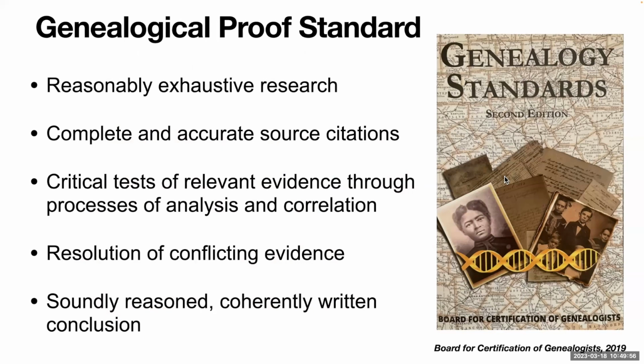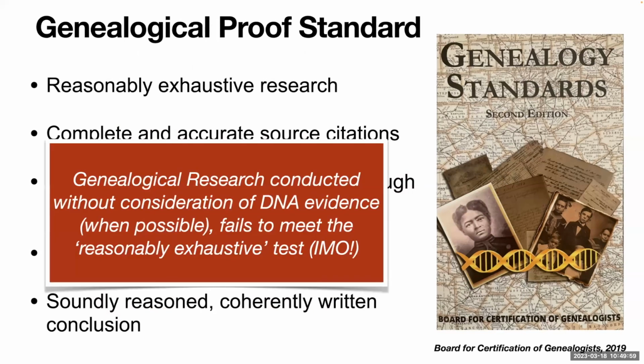In about 2019, they brought in some DNA evidence standards, and in my opinion, and in many people's opinion, the point about reasonably exhaustive research suggests that you can't actually meet that test if you haven't considered DNA evidence, if that's possible. Obviously, in some cases, there are no testers, etc. But in most cases, you can actually get DNA evidence, and we really need to incorporate that into our research, in any research that we're doing about whether we're looking at the right ancestors and confirming the paper records.